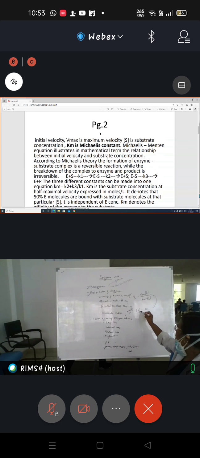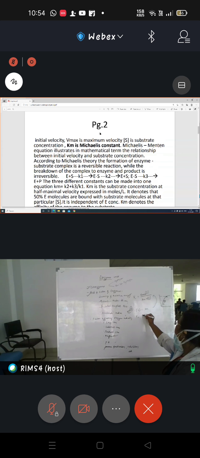There was point A, then point B, and this is point C. So at point B, the substrate concentration is equal to Km.